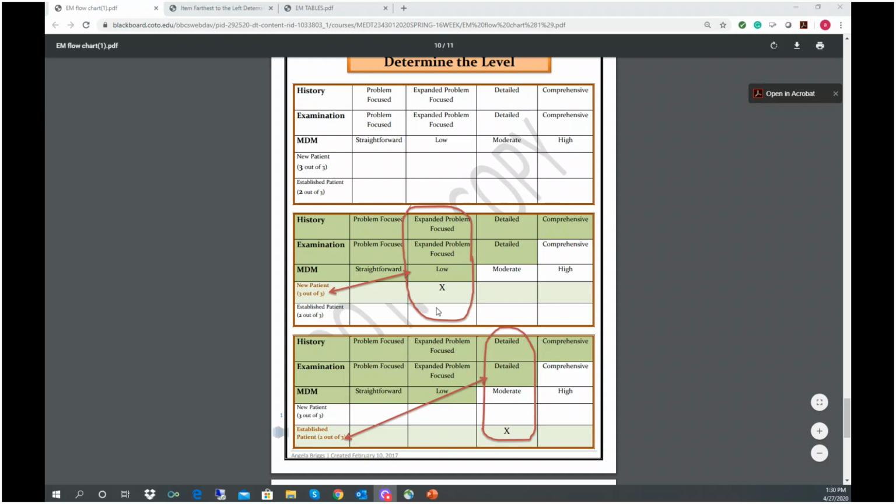All 3 of these had been met for the 3 of 3, whereas we have the exact same thing, but it's expanded. So we had comprehensive, we had detailed. So because detailed and detailed, they're both highlighted, still low, but we have 2 of the 3.